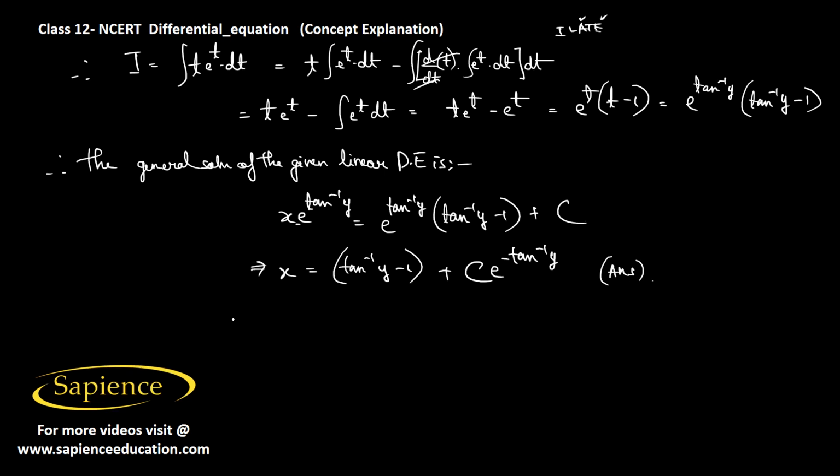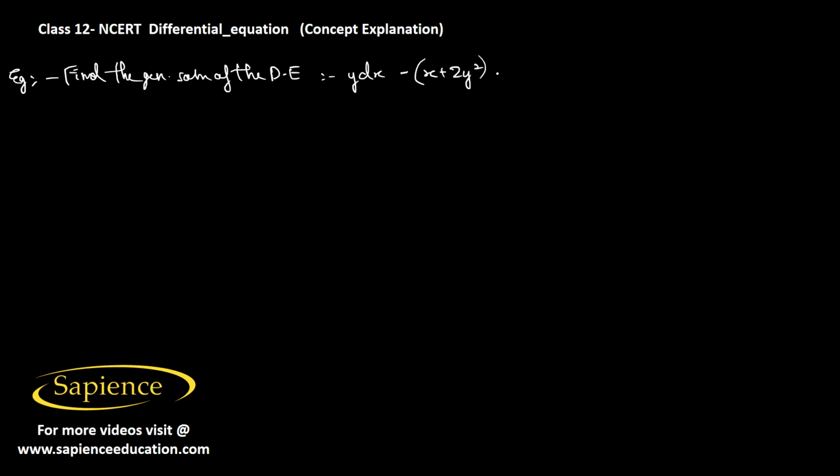So we can solve one more example based on this. Suppose it is asked to find the general solution of the differential equation y dx minus (x plus 2y square) dy equals 0.